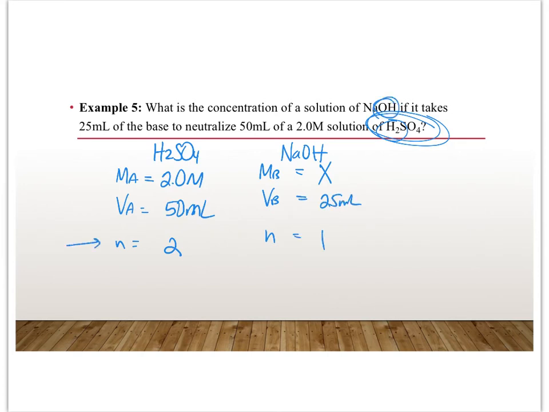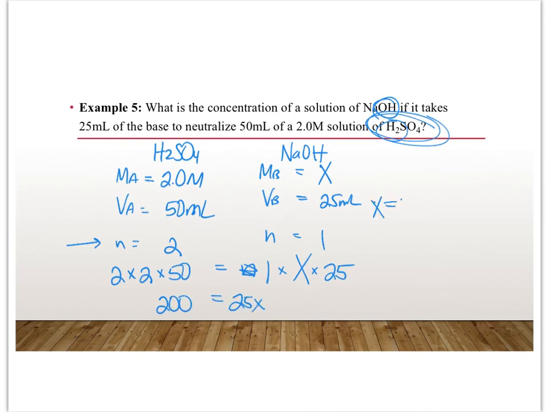So here the math becomes important. So we have N times Ma times Va equals N times Mb times Vb. So this is 200 equals 25x, and x is equal to 8 molar.